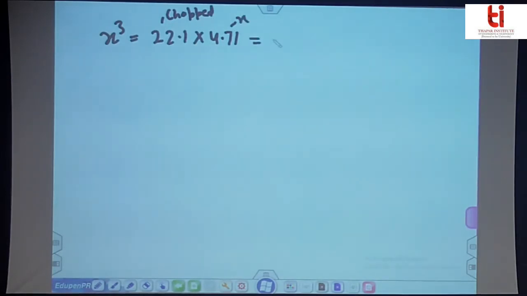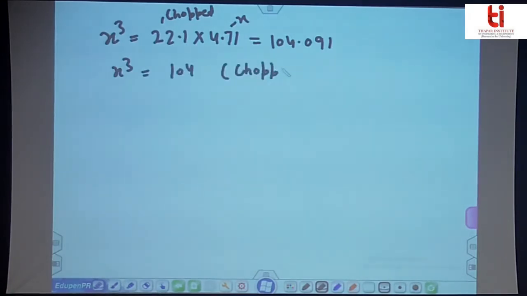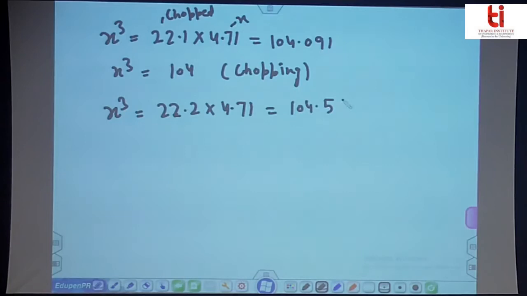This comes out to be 104.091, so with chopping, x cube is 104. Now for rounding, x cube is 22.2 into 4.71, which comes out to be 104.562.